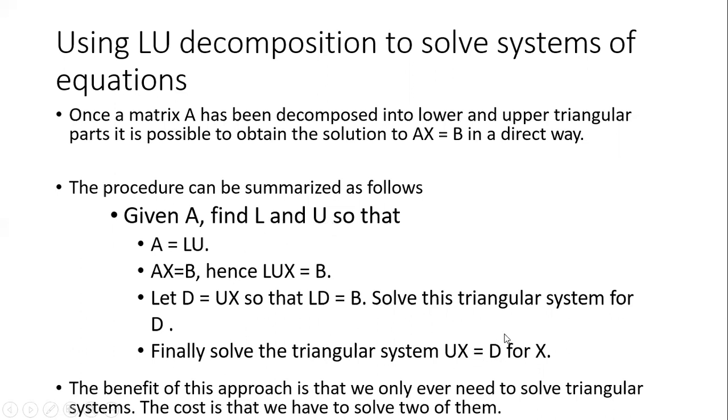We already have the value for D, and U was obtained from the first part, and X here represents our variable. Then just solve for the value of X. The benefit of this approach is that we only ever need to solve triangular systems. The cost is that we have to solve two of them.